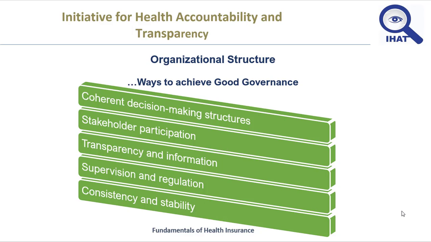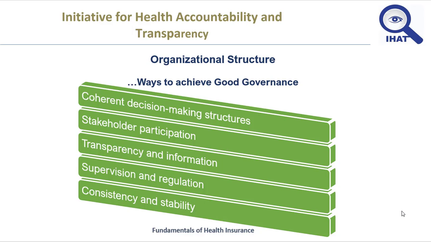The first is a coherent decision-making structure. Decision makers are empowered with the authority, tools, and resources to fulfill their responsibilities and face consequences for their decisions. A second way to achieve good governance is stakeholder participation. Stakeholder input should be incorporated into decision making and oversight.